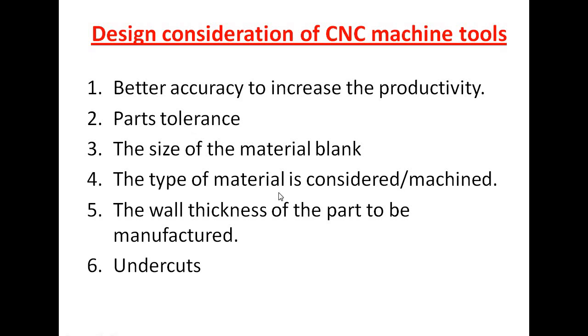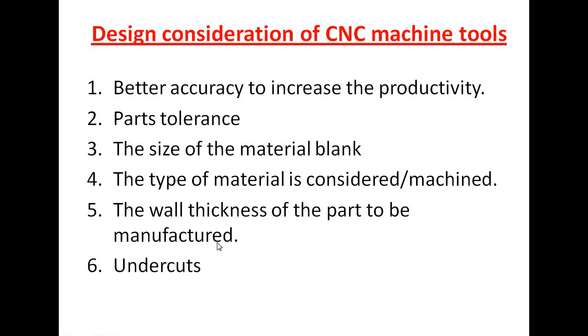Next is the type of material to be machined, whether it is brittle or ductile, because it is beneficial to use different tools for different materials. Next is the wall thickness of the part to be manufactured.